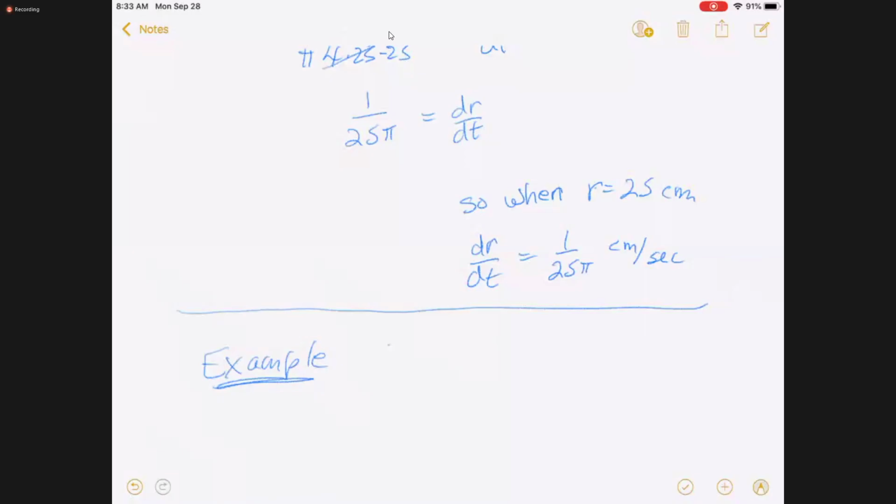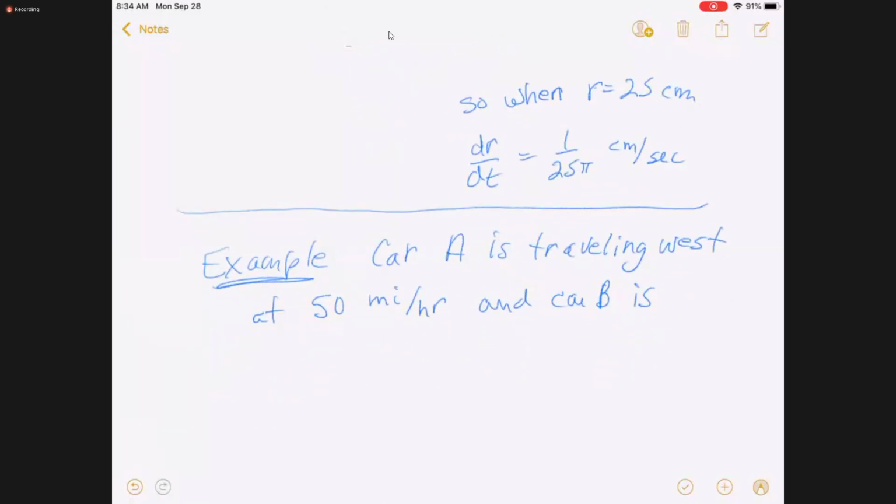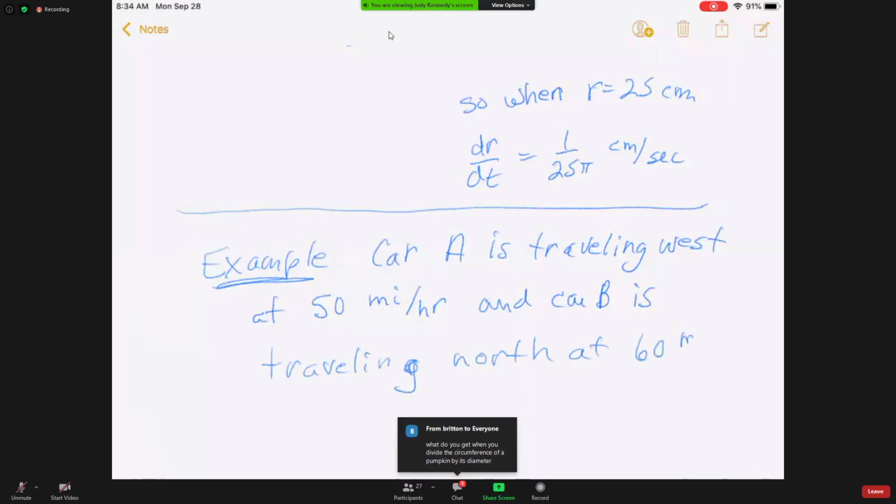Car A is traveling west at 50 miles per hour, and car B is traveling north at 60 miles per hour. Both are headed for the intersection of the two roads.